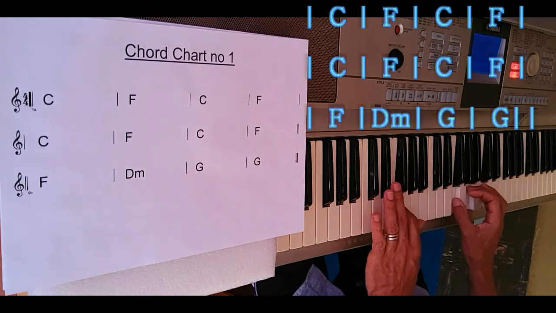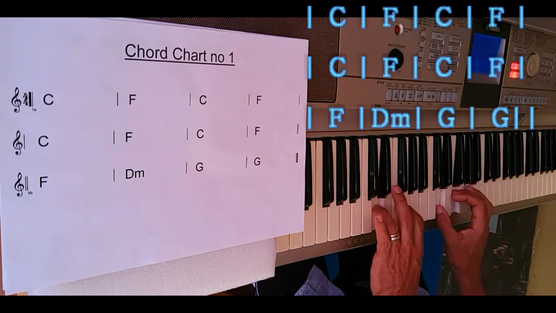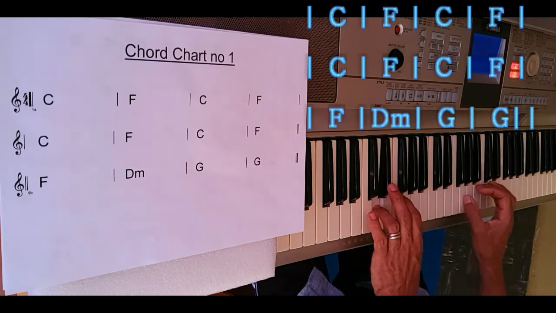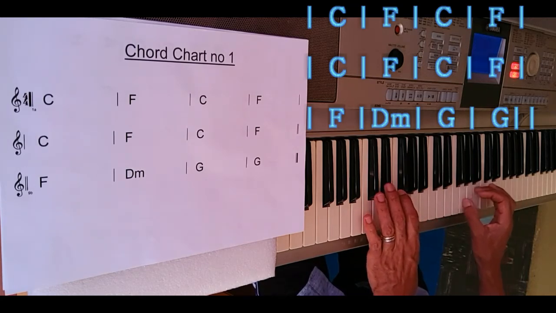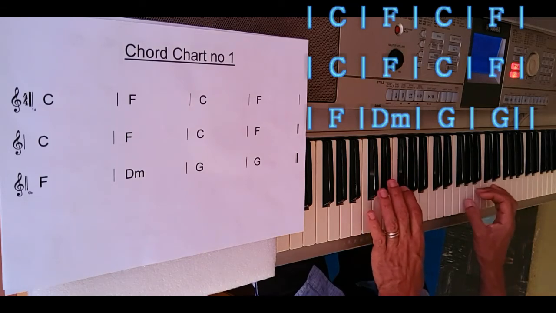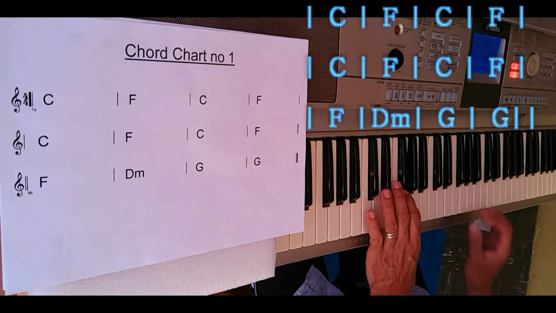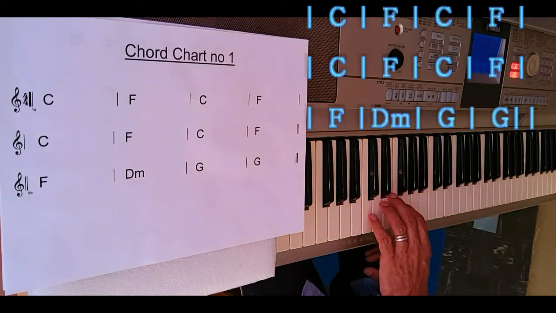Last line: F, 1, 2, 3, 4, D minor, 1, 2, 3, 4, then G, 3, 4, 1, 2, 3, 4. You will see on my left hand, I keep my hand here.